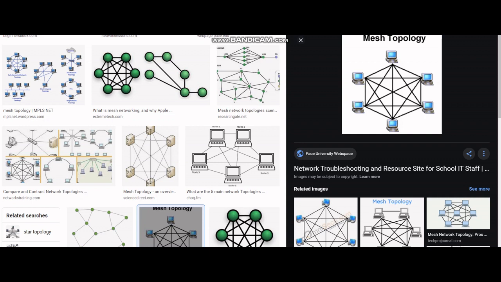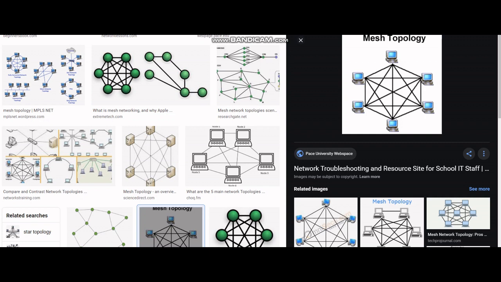When data is routed, the nodes use logic to determine the shortest distance from the source to destination. So that means the nodes will see what's the shortest route we can use to deliver these packets of data to whatever computer.